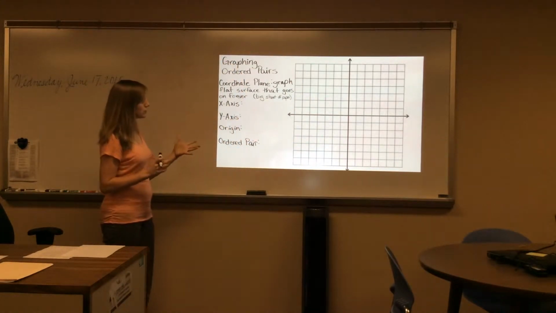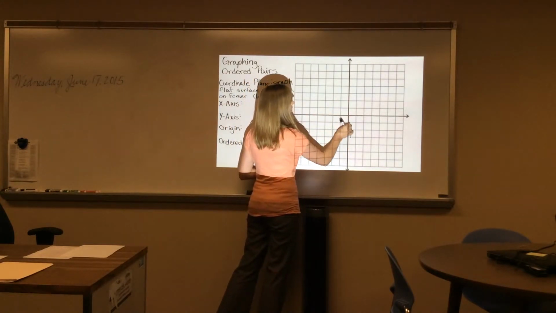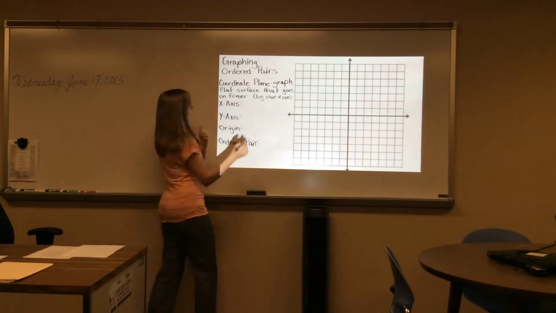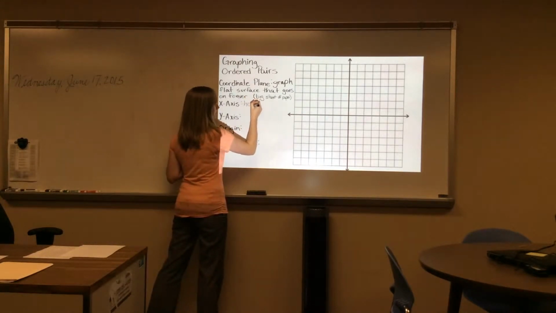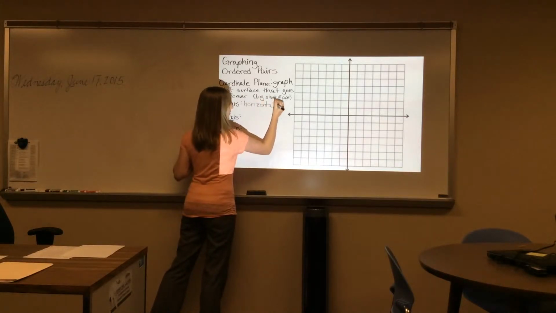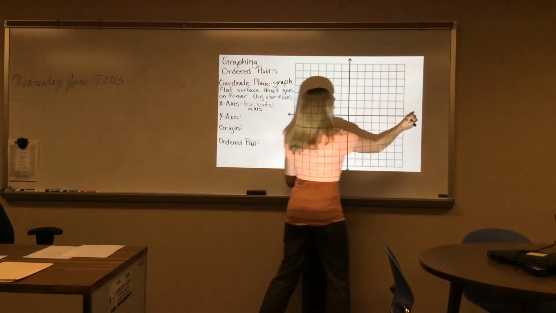Now there are two axes. You can see them. They are the darker lines that go through the middle of our graph. The x-axis is the horizontal axis. So x is always going across.